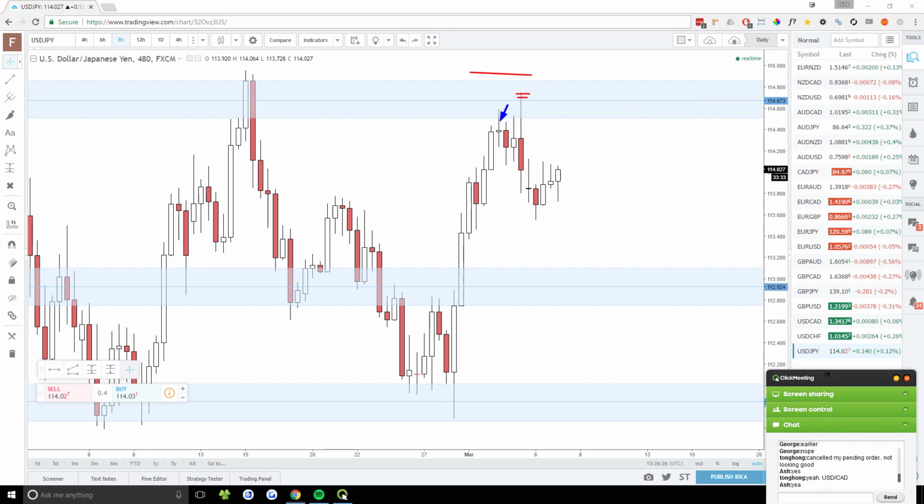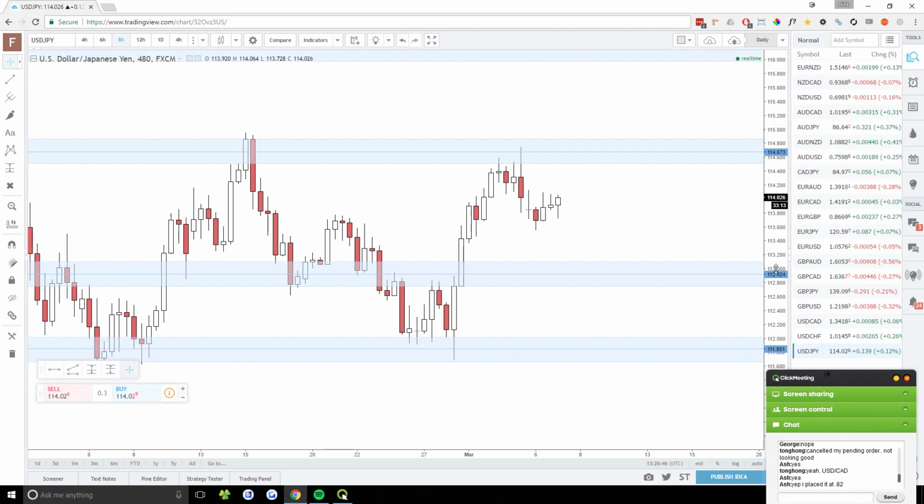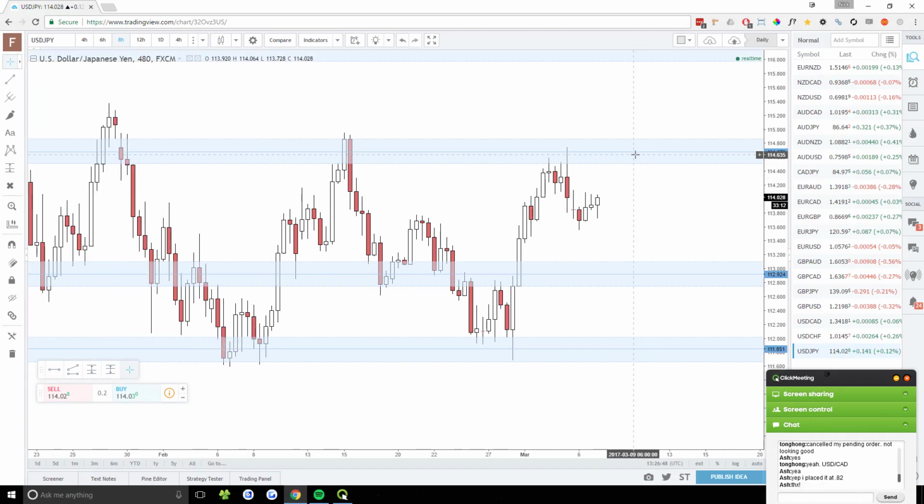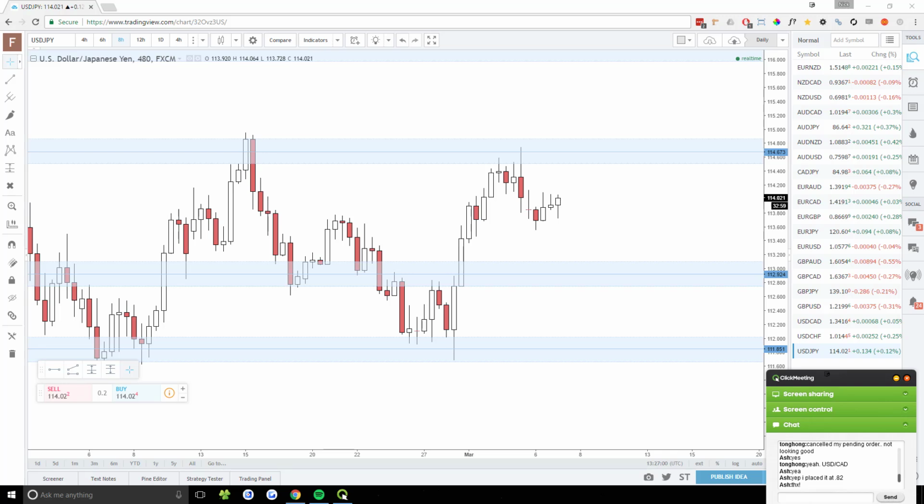Nice, nice. Good work, man. That's a big improvement. I've been trying to get that message through to you, and I'm glad it's finally sunk in. That was a good stop loss, because you see, this is going to happen a lot of times, especially if indecision forms low below the support area, below the resistance area.